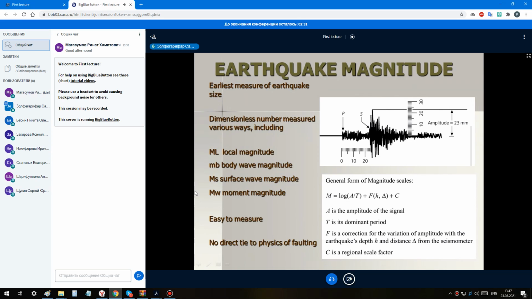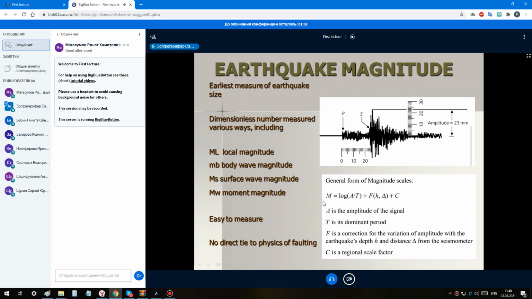As a definition, ML is the local magnitude, MB is the body wave magnitude, MS is the surface wave magnitude, and MW is called the moment magnitude. It is not easy to measure, so we can use this equation as shown in this slide as the general formula for magnitude scales.